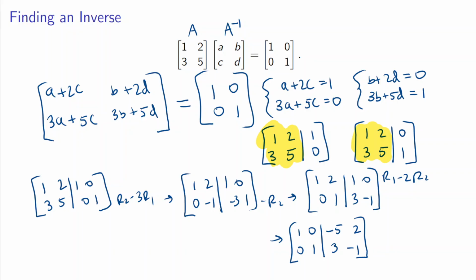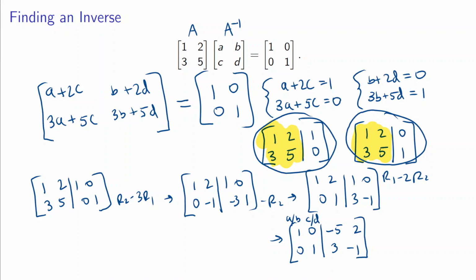Okay, so we've solved both of these systems, and focusing our attention on this first column, in this system it represents a, and in the other system it represents the coefficients of b. So this is a or b, depending on what we're looking at, and this second column represents c or d.